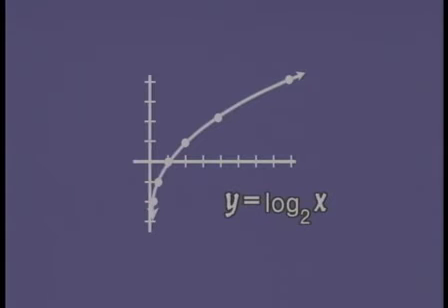the graph of y equals log base 2 of x. We've plotted the points, and you'll notice the graph looks somewhat like the square root graph. It rises fairly rapidly in the beginning and kind of levels off.